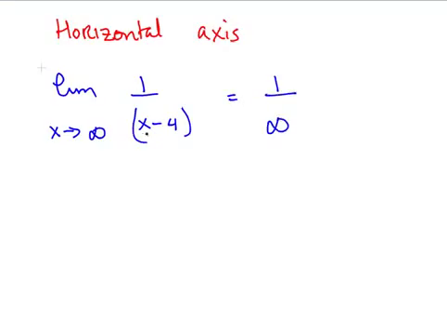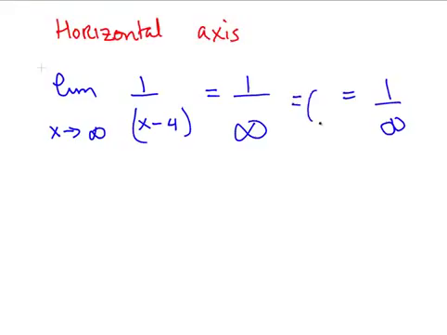Put infinity into x: you have 1 over infinity minus 4, which is 1 over infinity. Infinity minus 4 is a bit of a silly thing to say. So we have 1 over infinity, and that is equal to 0.